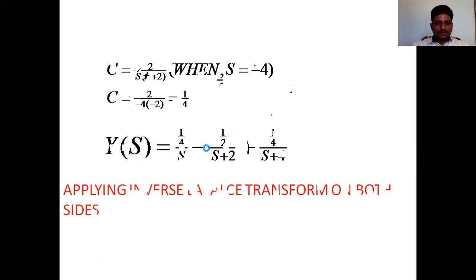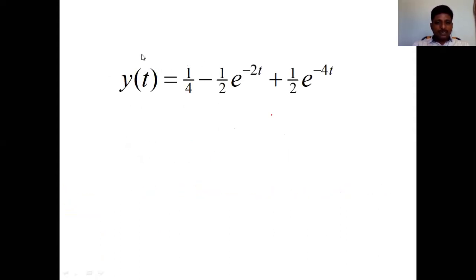The inverse Laplace transform of Y(s) is y(t), and the inverse Laplace transform of 1 by 4 by s is 1 by 4, minus the inverse Laplace transform of 1 by 2 by s plus 2, which is 1 by 2 into e power minus 2t, plus the inverse Laplace transform of 1 by 2 by s plus 4. Therefore you write 1 by 2 into e power minus 4t.